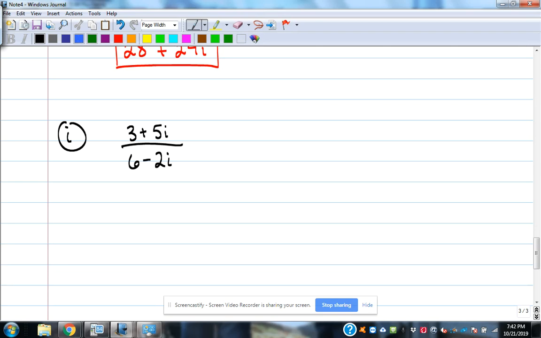In order to do this by hand, you have to multiply by what's called a conjugate. The conjugate changes the sign in the middle, and it would be 6 plus 2i. You multiply top and bottom by that. So you're multiplying all this stuff out.